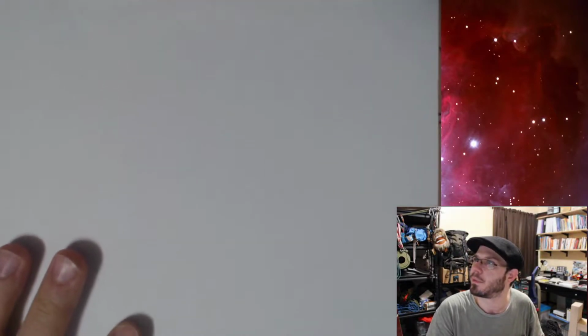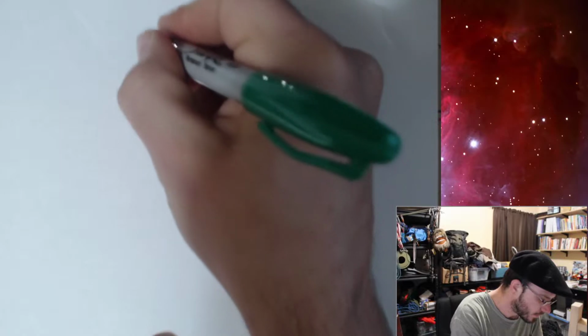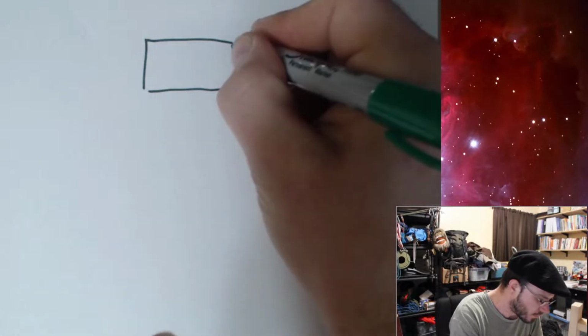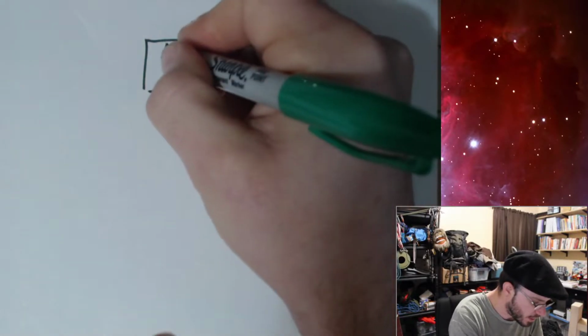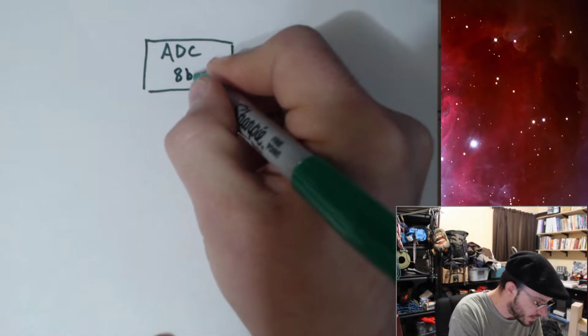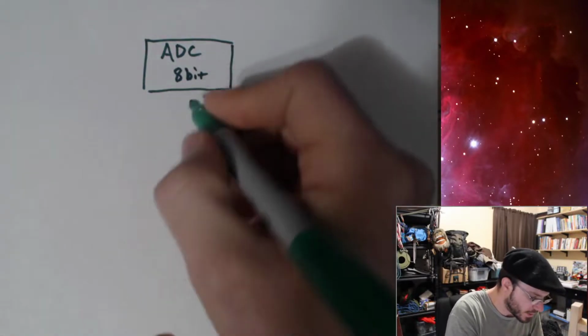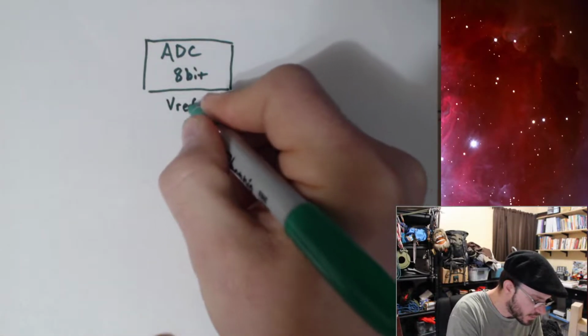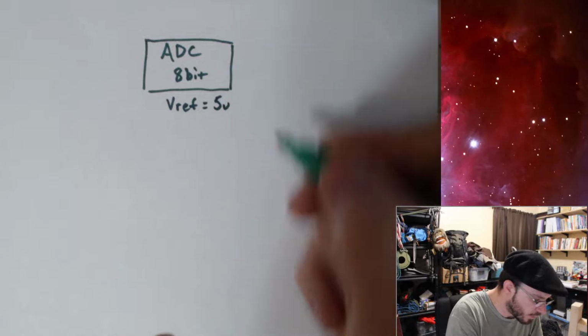Okay, and for my analog digital converter, I'm going to go with a very typical yet simple 8-bit analog digital converter with a 0 to 5 volt input. So let's give ourselves an ADC, 8 bits of resolution, and let's give ourselves a Vref equal to 5 volts.